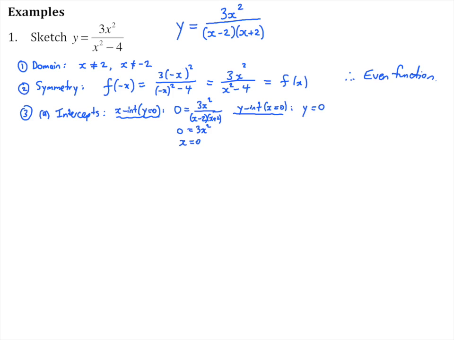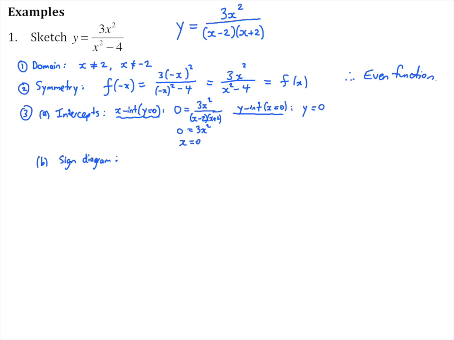Now we're going to draw a sign diagram or a table. Now, what values do we need to put on our table? Well, this is where we need to be a little bit careful here.